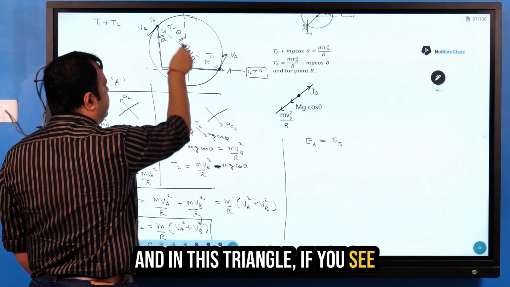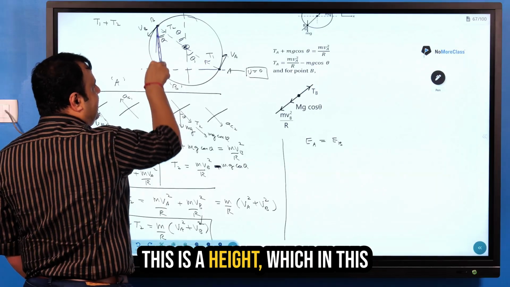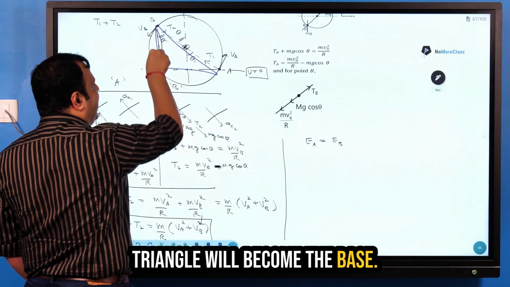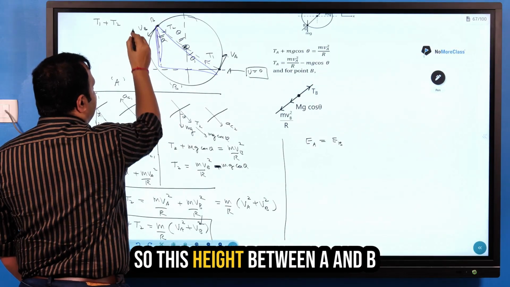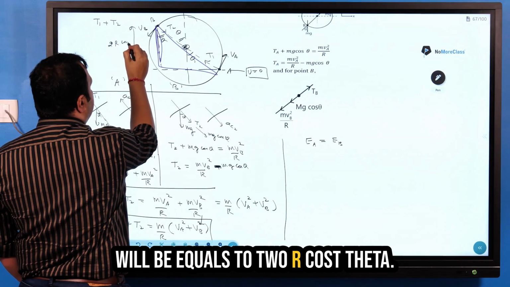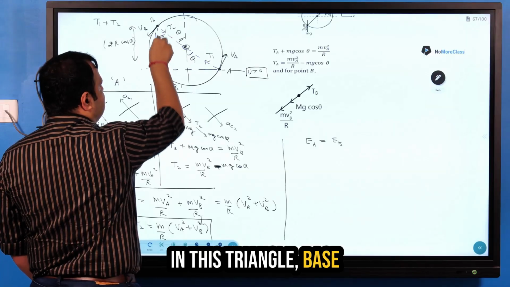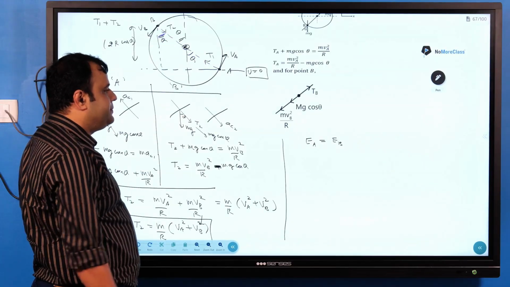In this triangle, the hypotenuse is 2r, and this height will become the base. So the height between A and B will be 2r cos theta, since base by hypotenuse is cos theta.